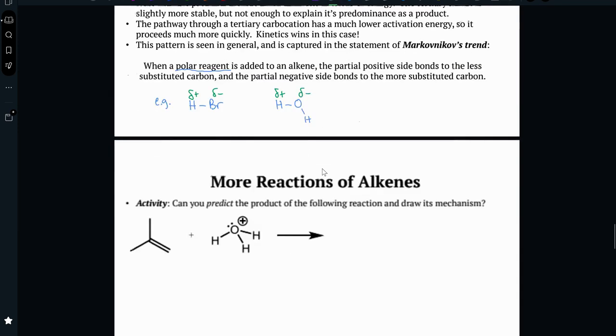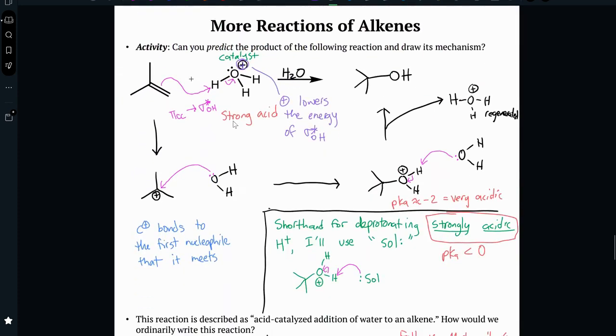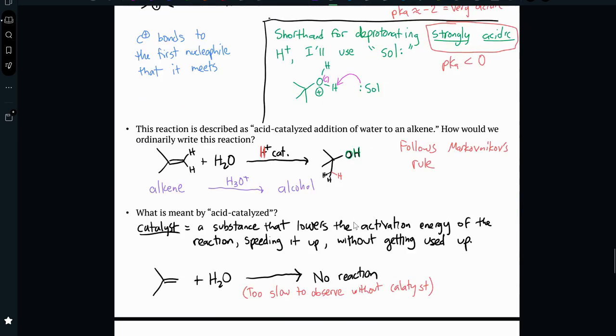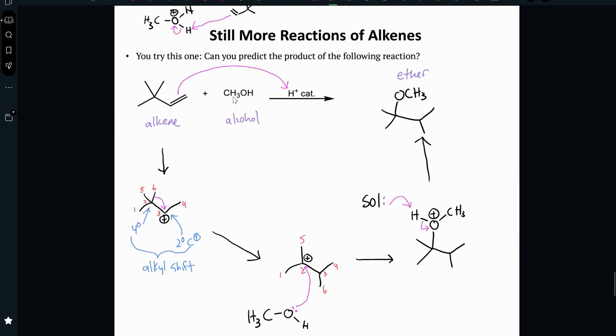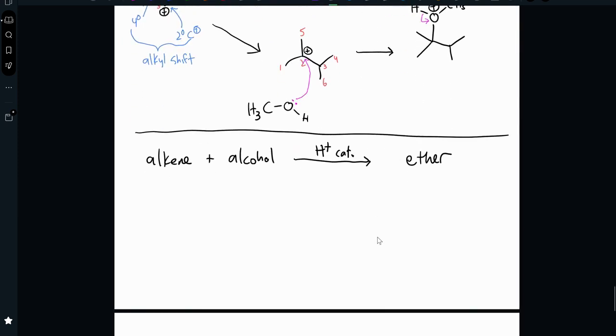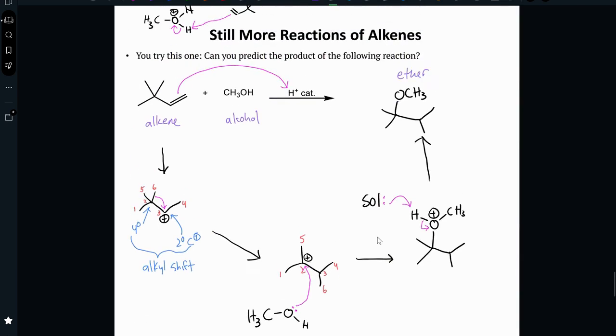If I was reacting with water, the closest nucleophile was water. When I was reacting with an alcohol, the closest nucleophile was the alcohol. And we get different results each time. You'll see this theme, like I said, a lot of times a reaction that we can do with water, we can do an analogous one with an alcohol. We just get a somewhat different result.